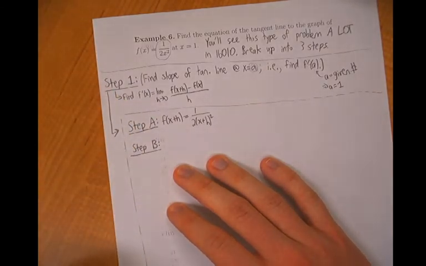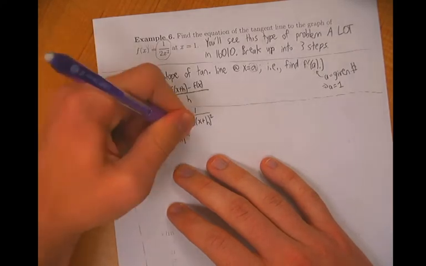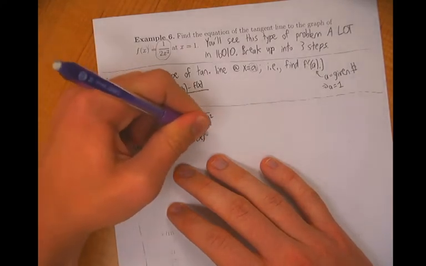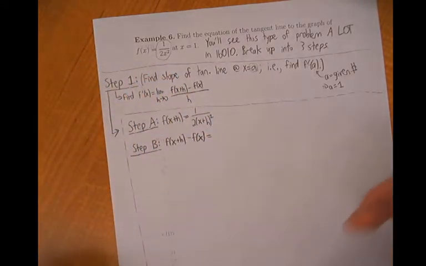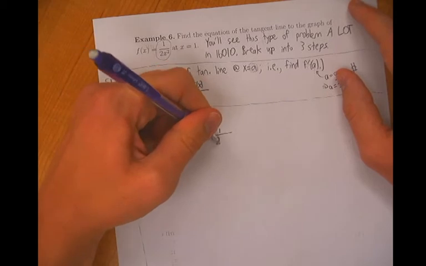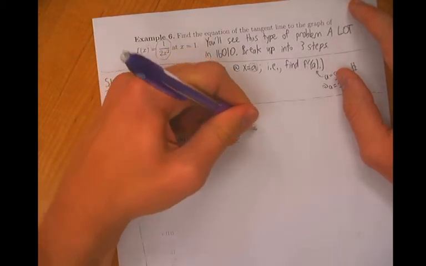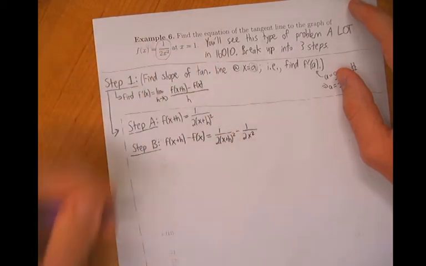Step B, well, that's just going to be find the numerator of the difference quotient. Okay? So in this case, we already have 1 over 2 times x plus h quantity squared minus 1 over 2x squared.